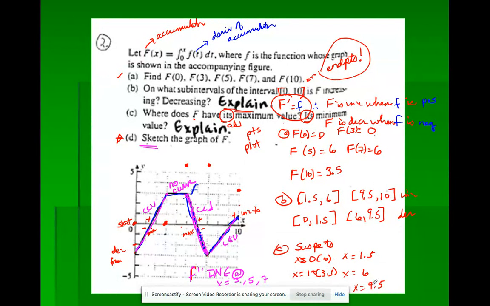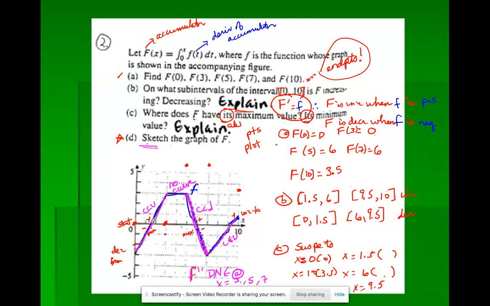Notice that all of these places, I have a value except for 9.5 and 1.5, right? Oh, no, sorry, I don't have one for any of these, but I can figure them out, right?